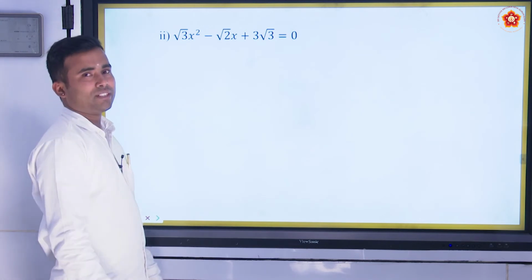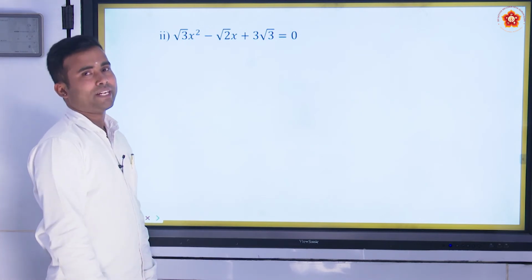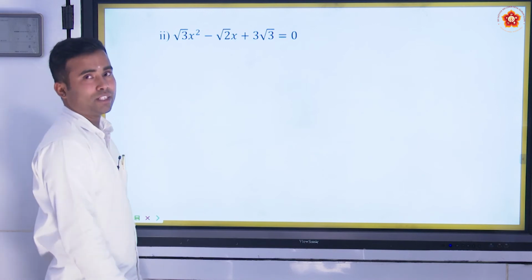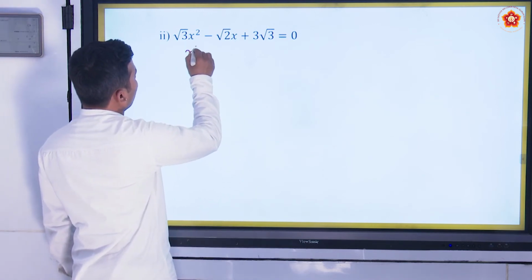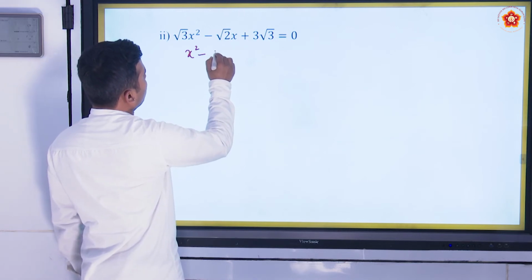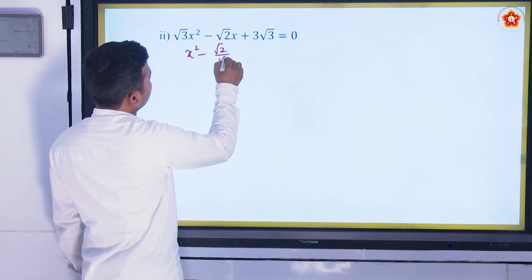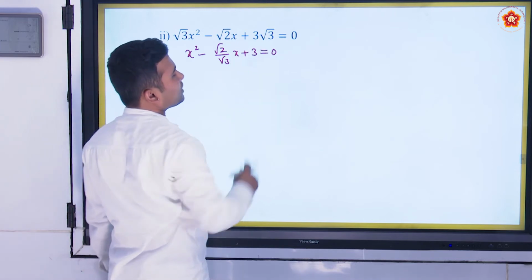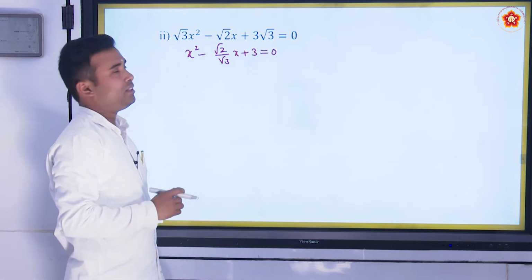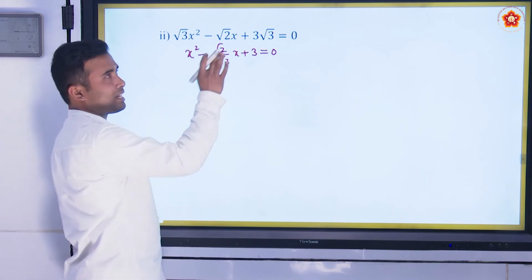For simplification, I will make the coefficient of x square as 1 by dividing by root 3 on both sides. So, this is x square minus root 2 by root 3 x plus 3 is equal to 0, as I divided by root 3 on both sides. And now you compare this with the standard equation.